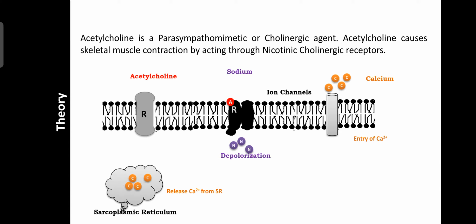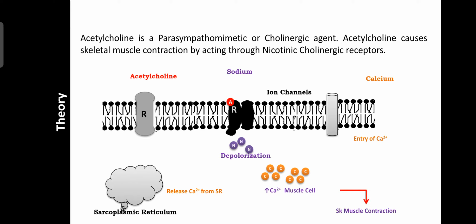Depolarization is responsible for opening of calcium channels, as well as release of calcium from the sarcoplasmic reticulum in muscle cells. Due to the increase in calcium concentration in the muscle cell, it causes muscle contraction. So this is the mechanism of acetylcholine on smooth muscle as well as skeletal muscles.